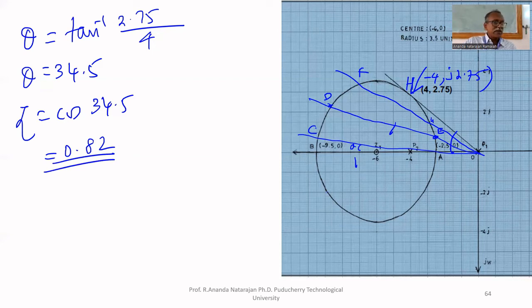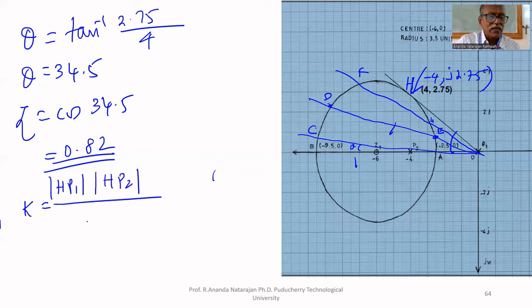Do you understand this point? What is the value of K at H, for this zeta value? K equals modulus of HP1 multiplied by modulus of HP2, divided by modulus of HZ1.